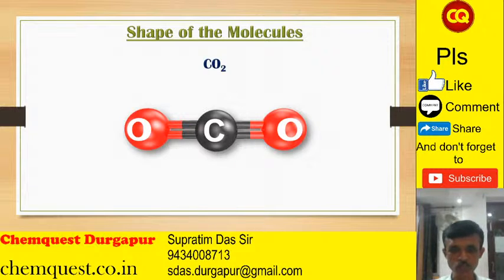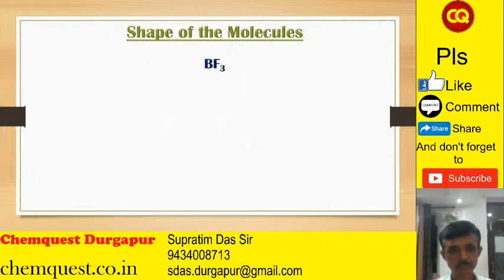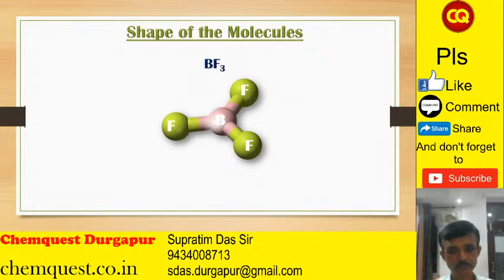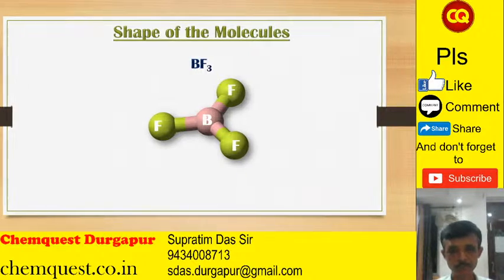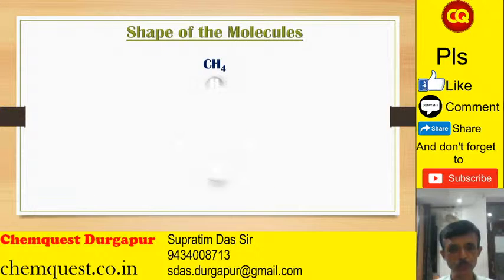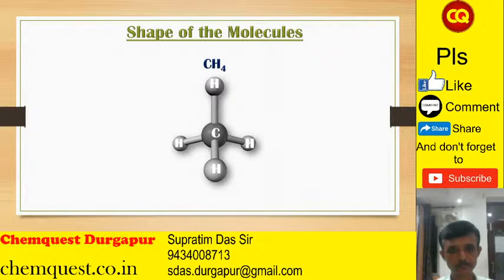CO2, AB2, H equal to 2 without any lone pair, linear. BF3 trigonal planar, H equal to 3. CH4, H equal to 4 without any lone pair of electrons, tetrahedral.